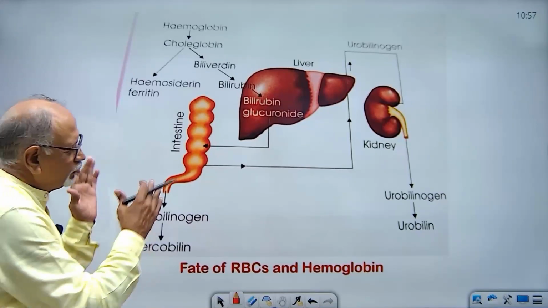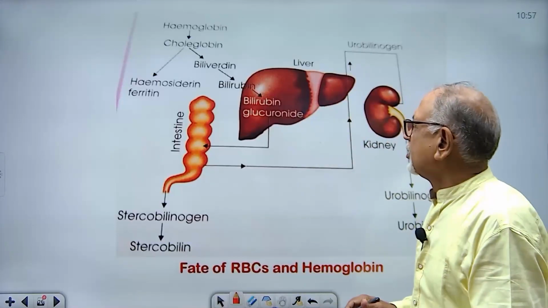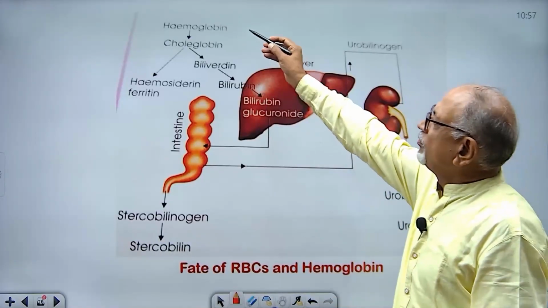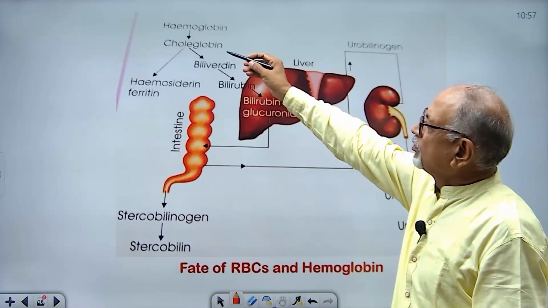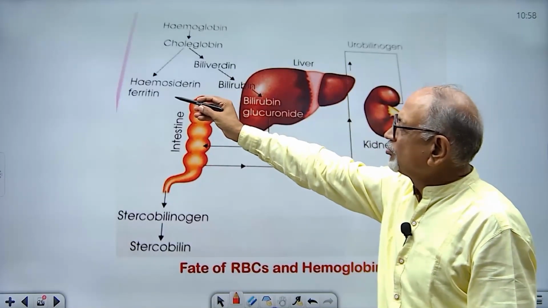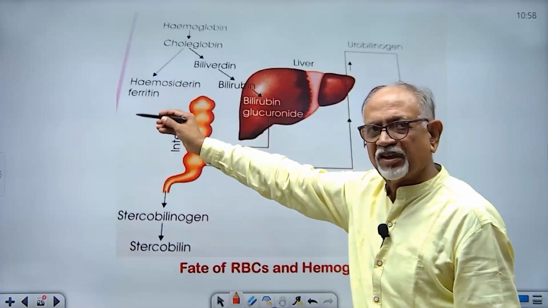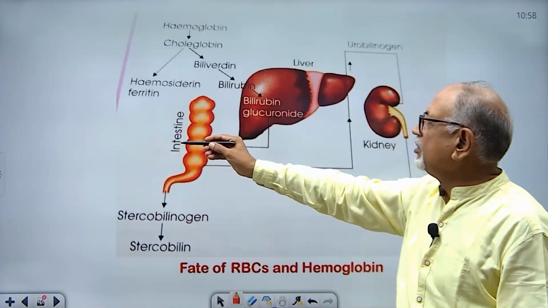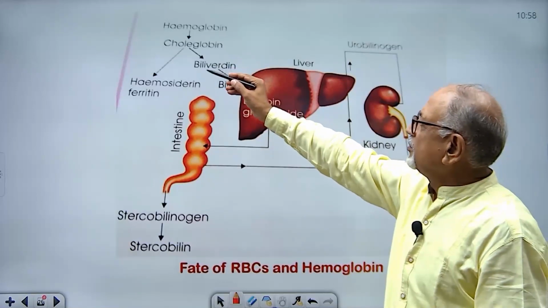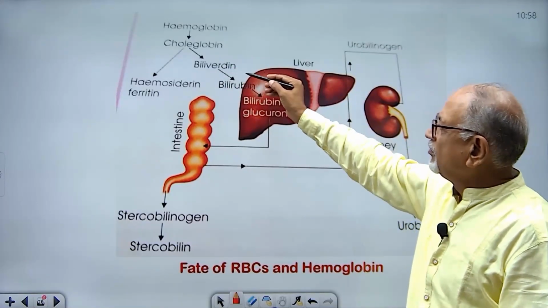Now, this whole process you can see in this picture. Hemoglobin is degraded into choleglobin, which is degraded into hemosiderin and ferritin, which is again used for synthesis of hemoglobin in the liver. Then the pigments are converted into bilirubin and biliverdin.